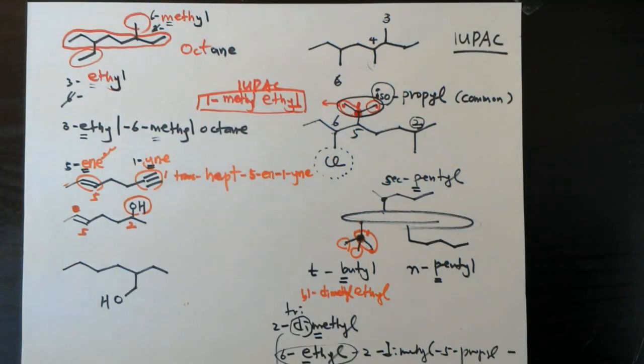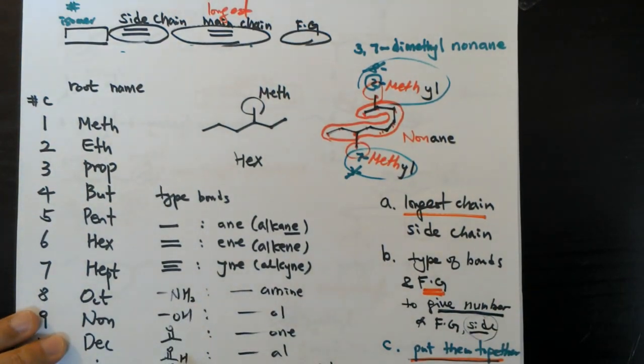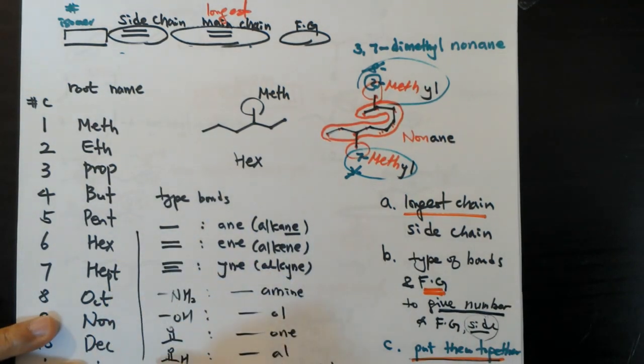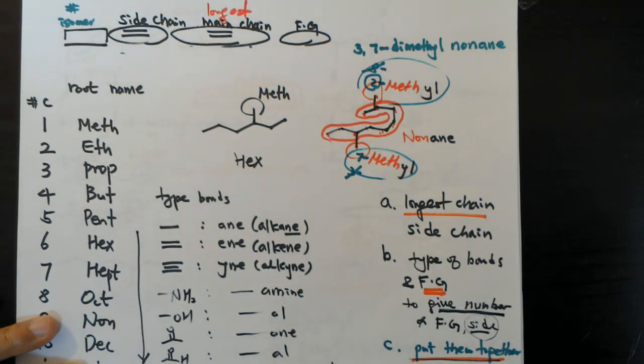So how do you decide that? Please remember this. The priority goes from the bottom to the top. So bottom is the highest priority, and top is the lowest priority. So the most oxidized one, carboxylic acid, when you give the functional group name, it is oic acid.